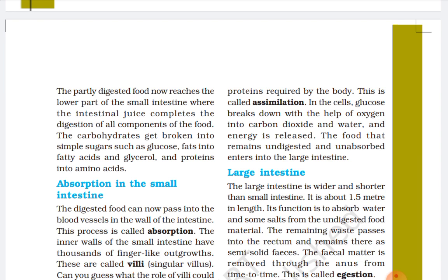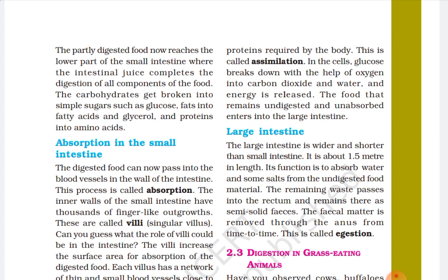The extra glucose is converted to glycogen by the liver. Fats turn into fatty acids and glycerol, proteins into amino acids, as I told you.